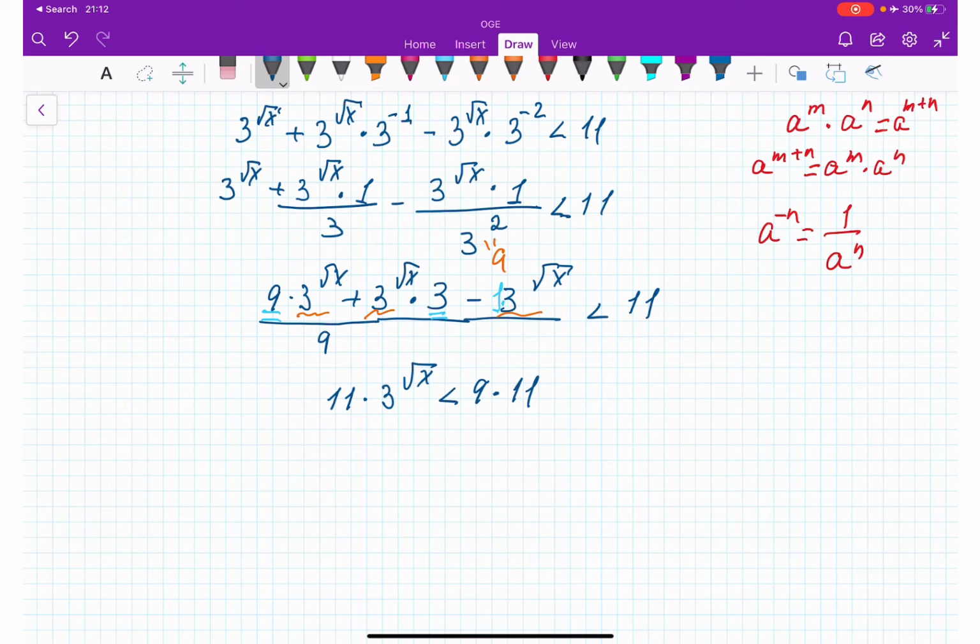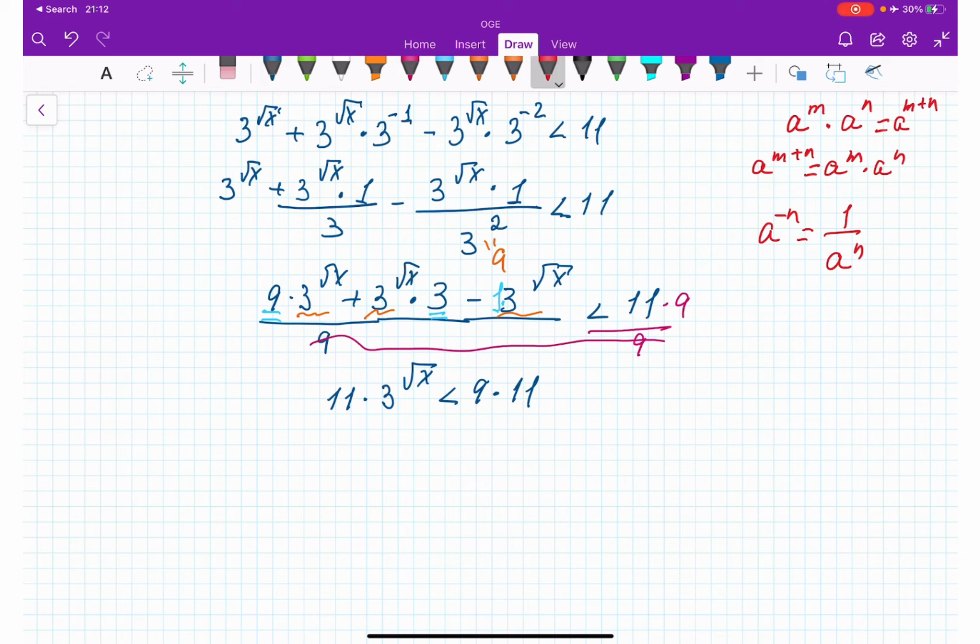I got rid of the denominator, so what did I do? Since the denominator is 9, here also I multiplied by 9, and then got rid of it.